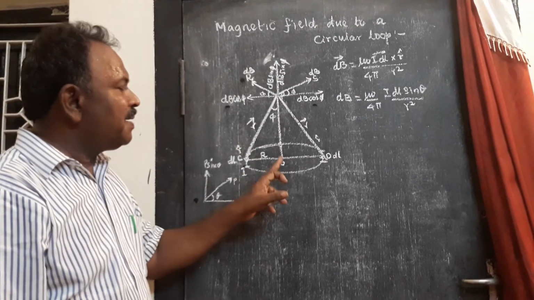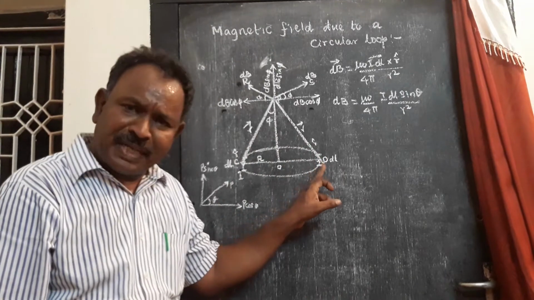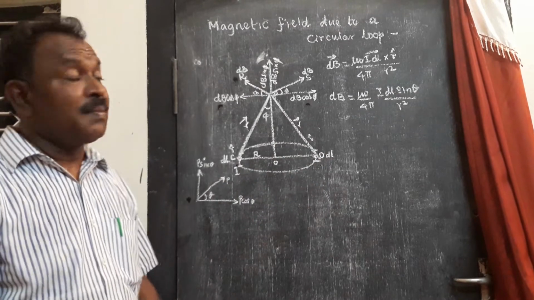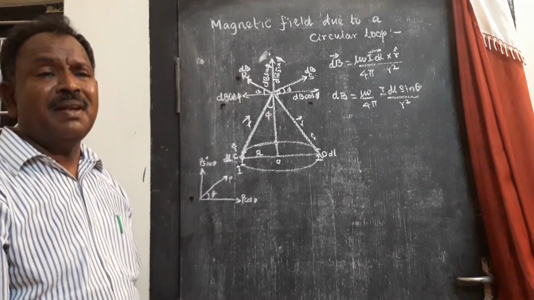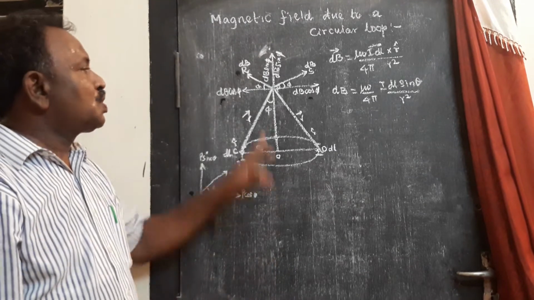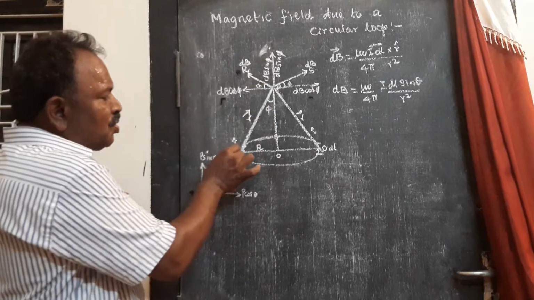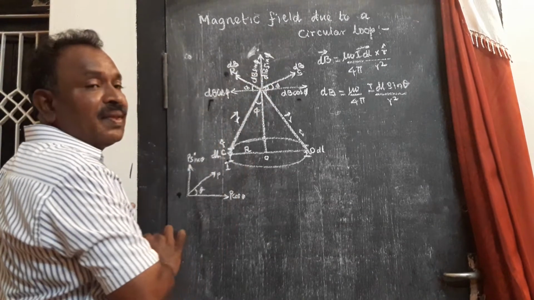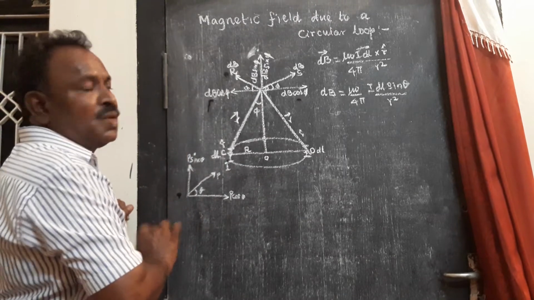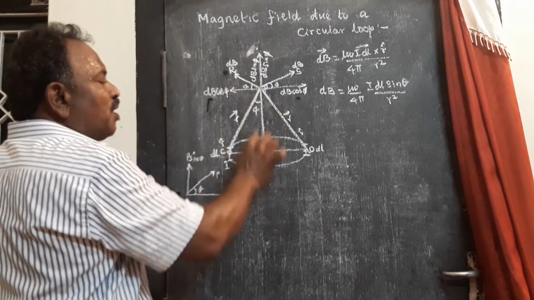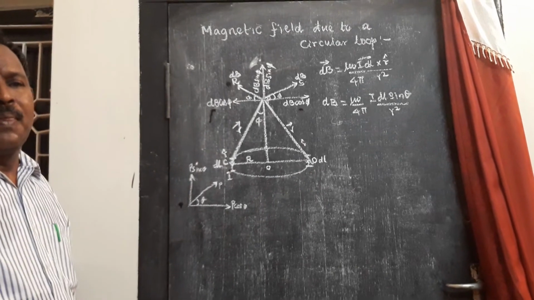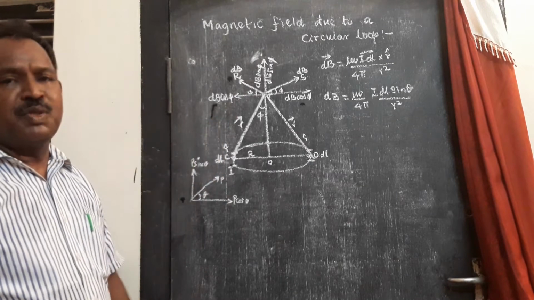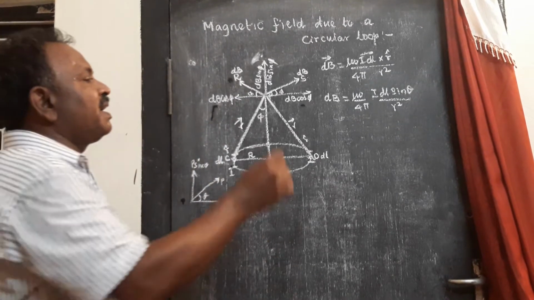Similarly, for every diametrically opposite element, the horizontal component gets cancelled and only the vertical component remains. So the contribution of this current element to the magnetic induction is only the vertical component. The resultant magnetic field at this point due to the entire loop is obtained by the superposition principle.